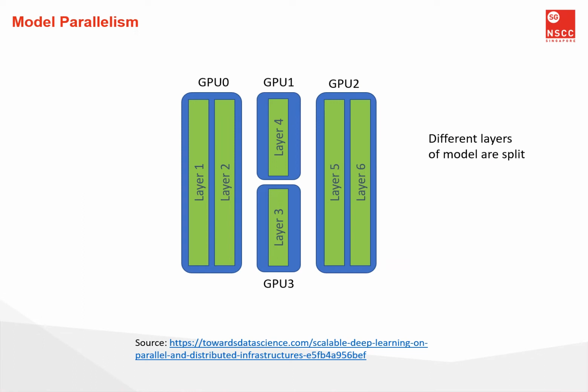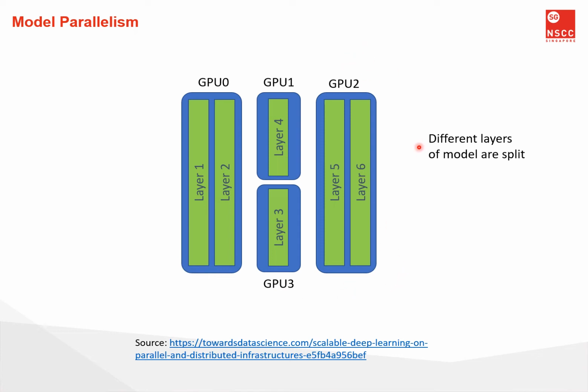So this particular diagram shows in a nutshell how model parallel training is very different from data parallelism. We still have multiple GPUs, GPU 0, 1, 2, and 3. But you notice one very clear difference. GPU 0 now only contains layers 1 and 2, GPU 1 only contains 4, GPU 3 only contains 3, and 5 and 6 are only found on GPU 2.